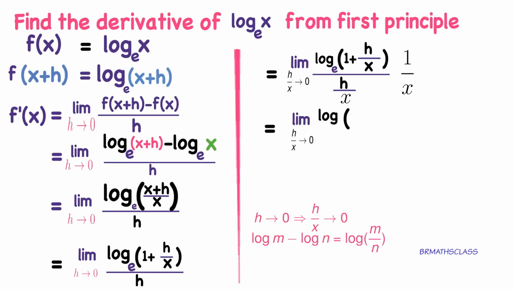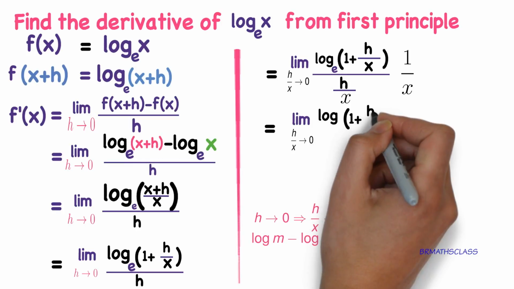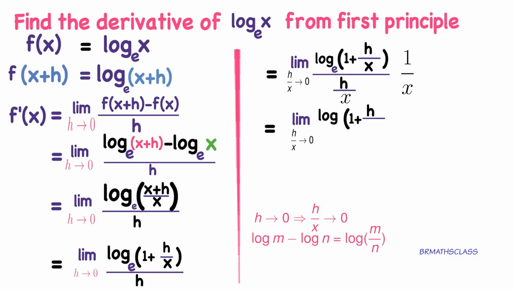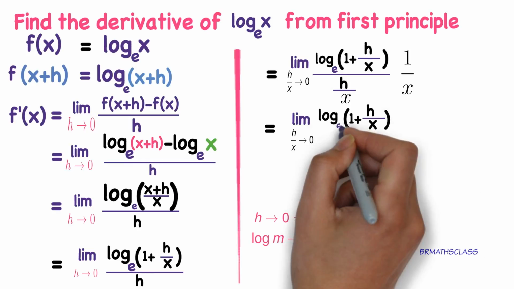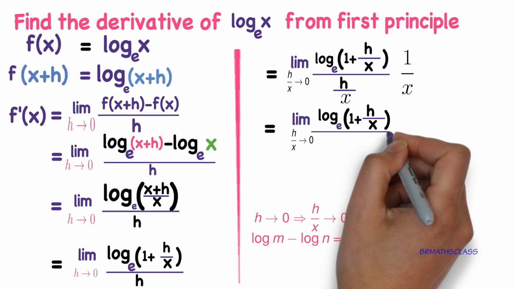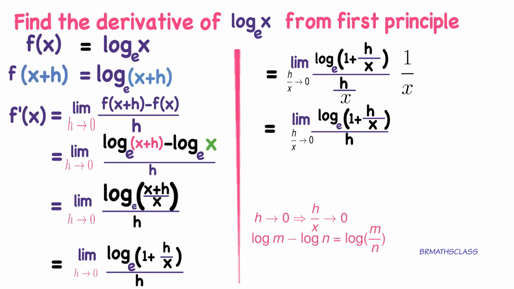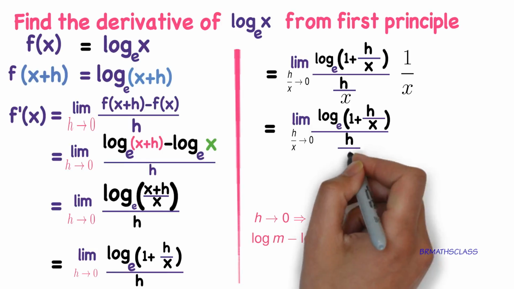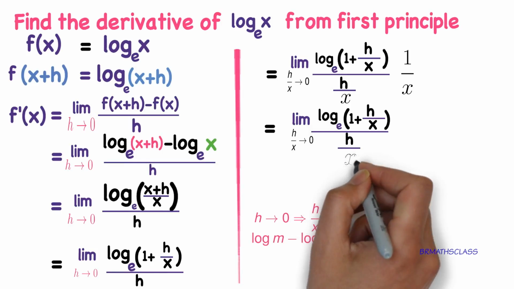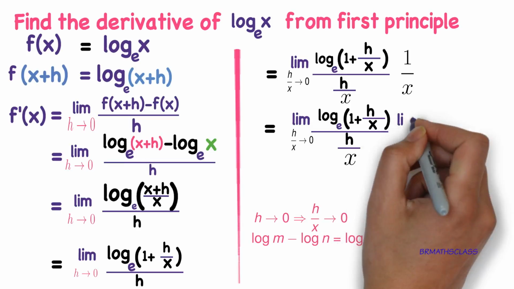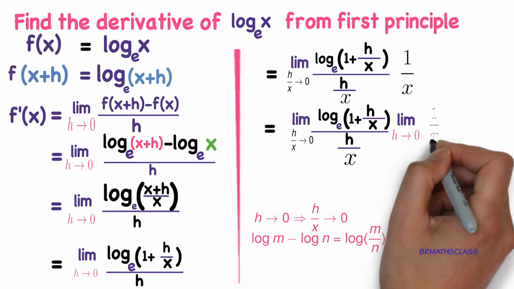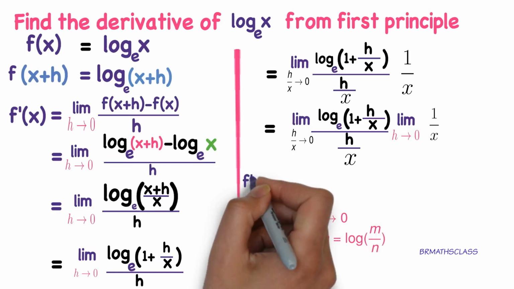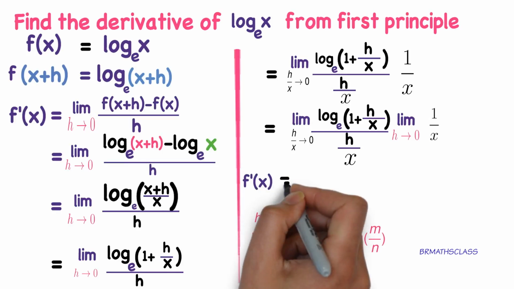So I'll write it as limit h by x tends to 0 of logarithm of 1 plus h divided by x base e, whole divided by h by x, into, you observe what is remaining in the above step, 1 by x is remaining. So limit h approaches 0, 1 by x.